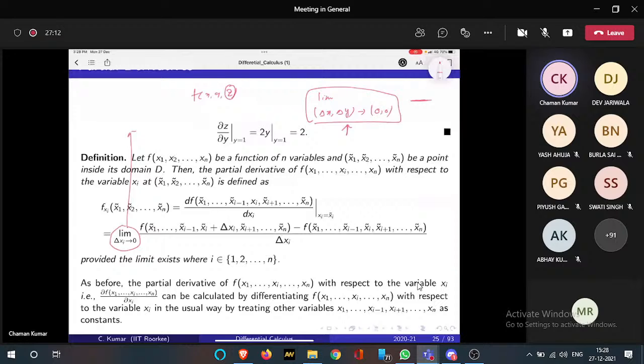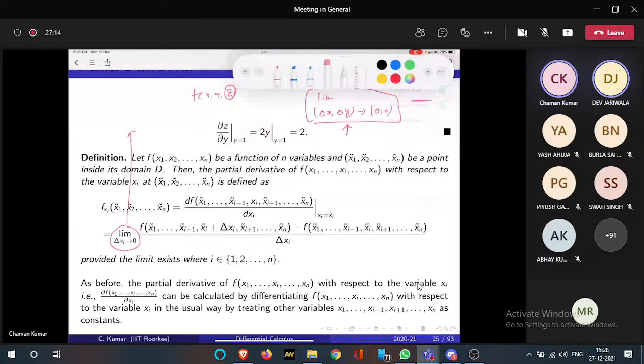Sir, first differentiating with x, then with y gives wrong? Yeah, because every time you differentiate with respect to x, other variables are fixed. This is not wrong. This notion is different from this one. Just like the iterated limit you had: you fix one variable, take the limit, and then change the other variable.